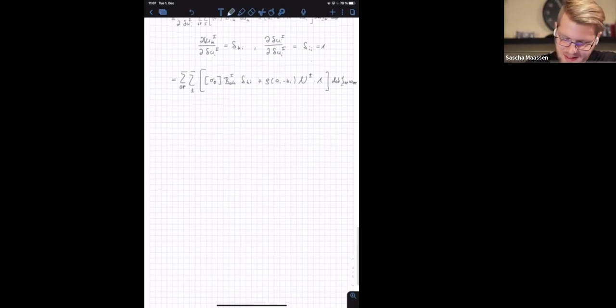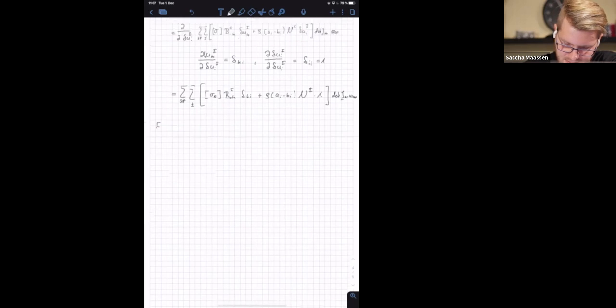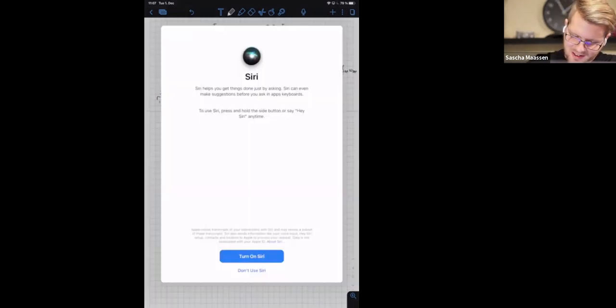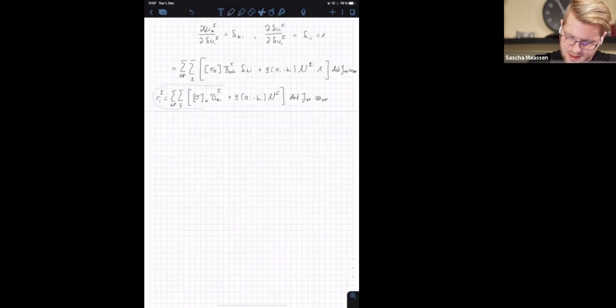Okay. Simplifying that further, we arrive at this expression for the right hand side or element vector.